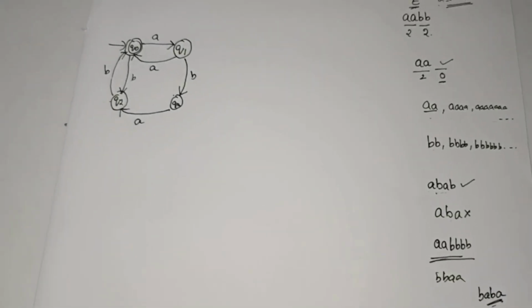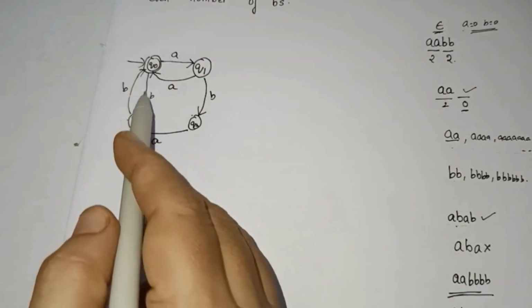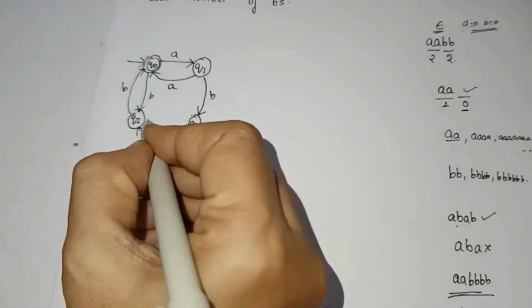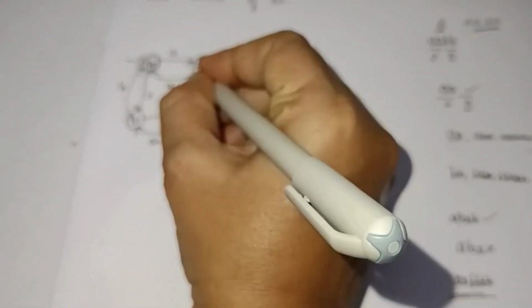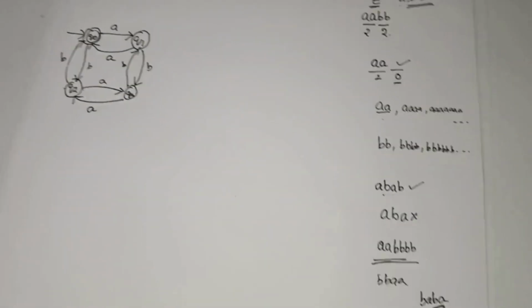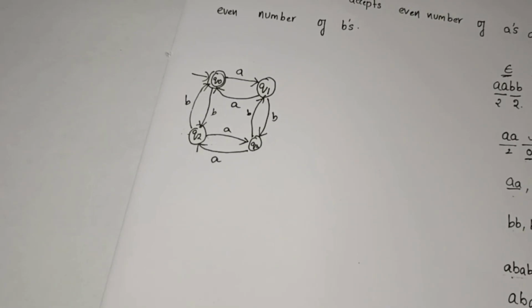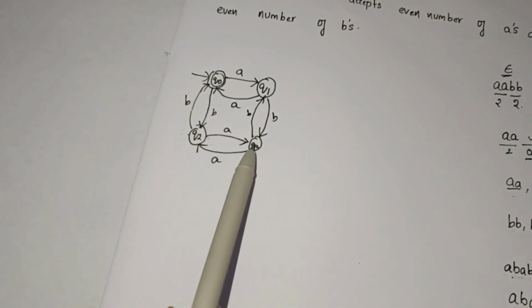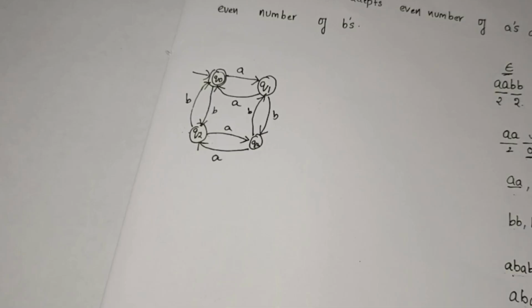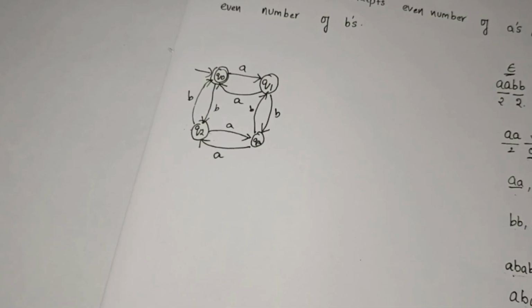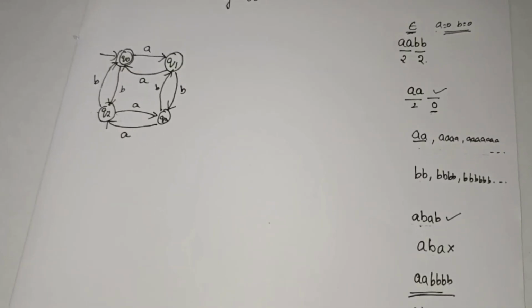Same way, I need one more string called BA. This should be accepted. BA means I have B here, then A, again B, A. Right? B, A, B, A. So all even numbers of A's and even numbers of B's are accepted, not only with respect to one particular combination. It will be accepted for any combination having an even number of A's and an even number of B's.